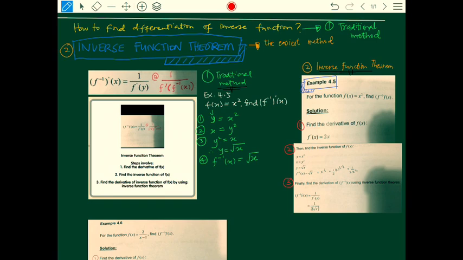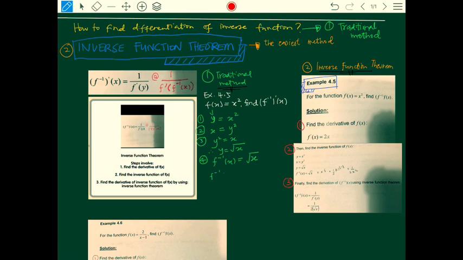Now the question asks to get the differentiation, the f inverse prime. Using the traditional method, because we are still discussing the traditional method, we just find it the usual way.